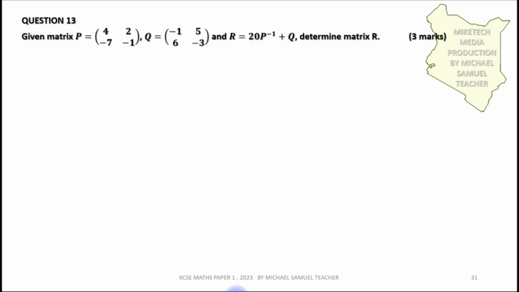So the first thing we need to find is R equal to 20 times the inverse of P plus Q. So we need to get the inverse of matrix P. In that case, we first need to get the determinant of matrix P, which we get by multiplying the elements in the main diagonal: 4 times minus 1, that is minus 4, then minus the product of the other diagonal, minus 7 times 2, that is minus 14.